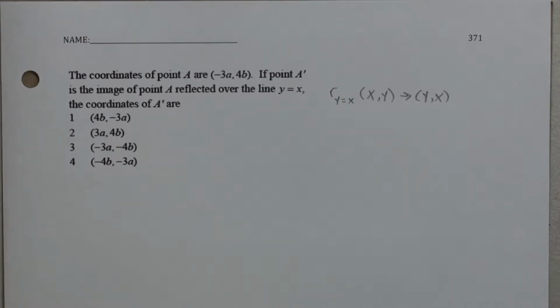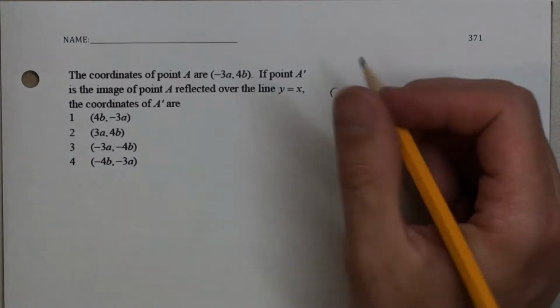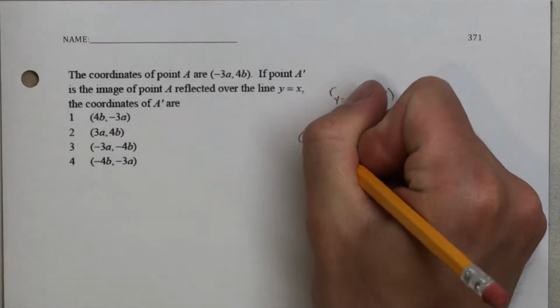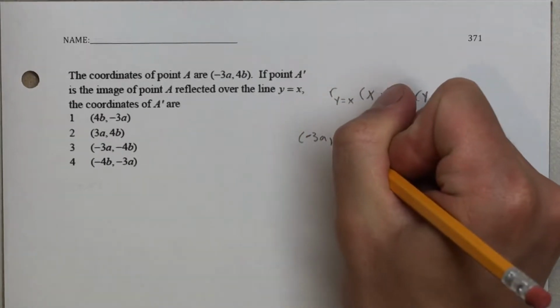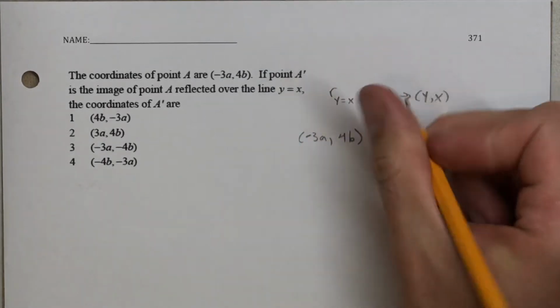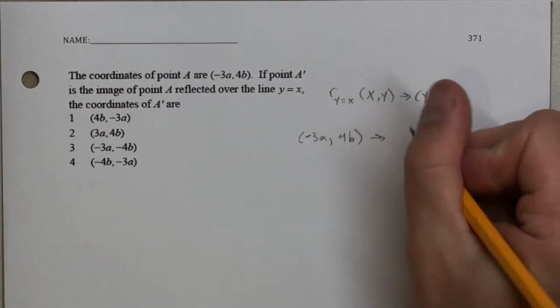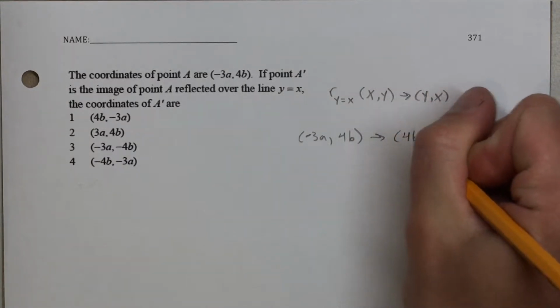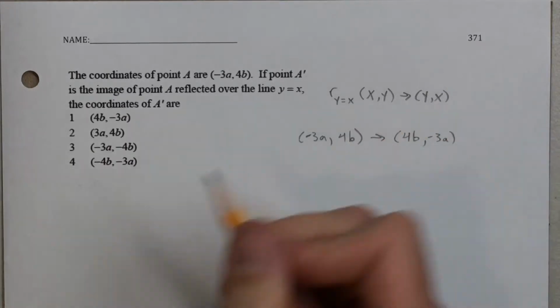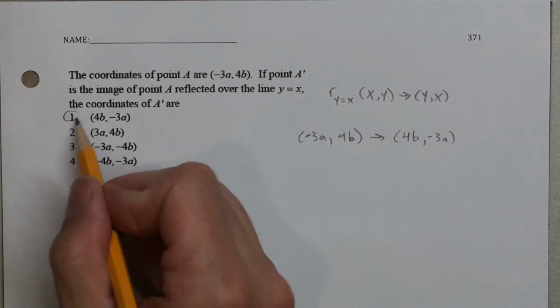Yes, okay. So, if I have negative 3a comma 4b, that will become 4b comma negative 3a. Choice 1.